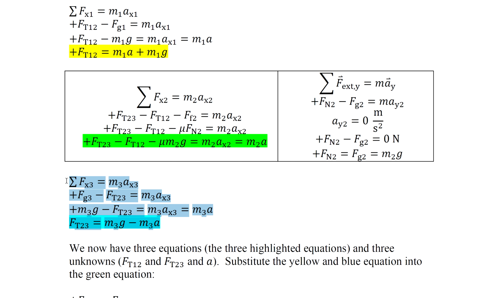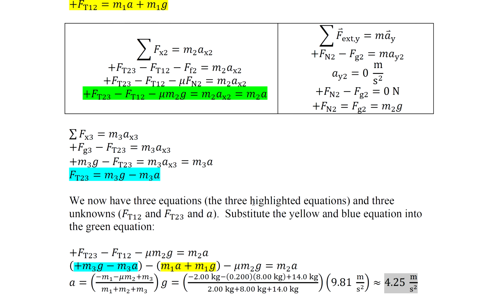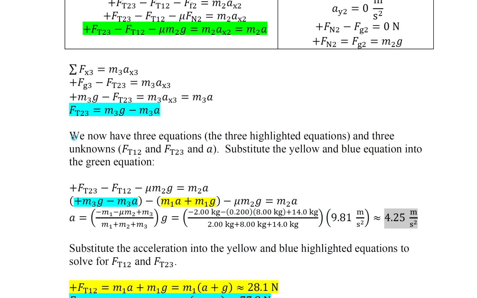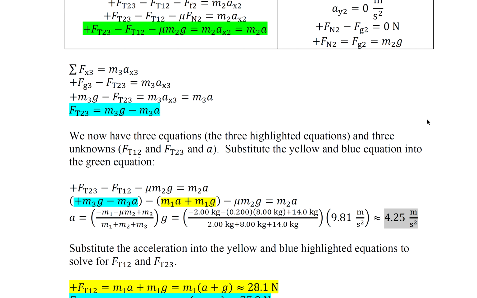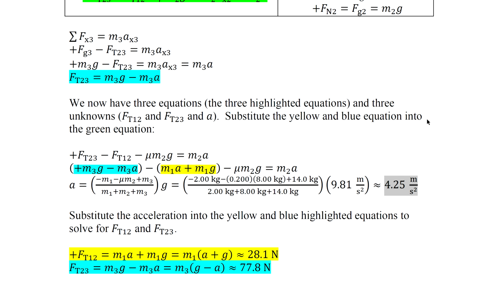Okay. So we have 3 equations, yellow, green, and blue. So we now have 3 equations and 3 unknowns. Substitute the yellow and blue equations into the green equation. So when we do that, we only have 1 equation, 1 unknown. The unknown is acceleration.